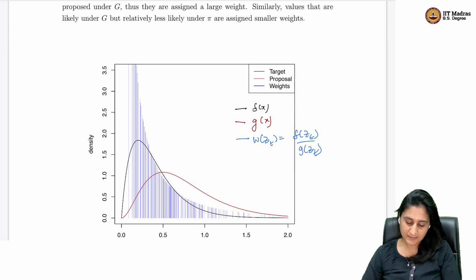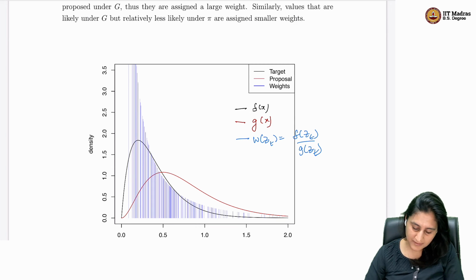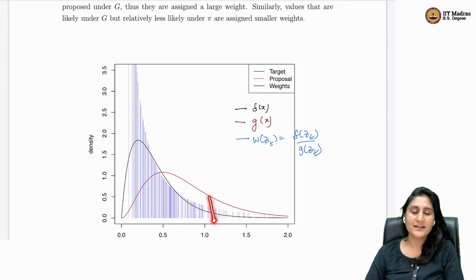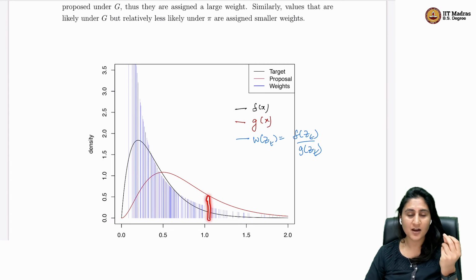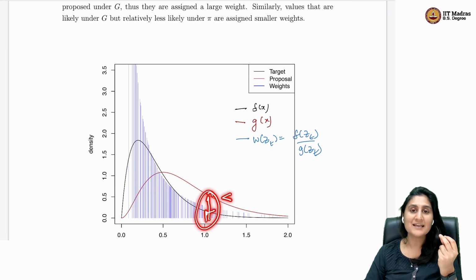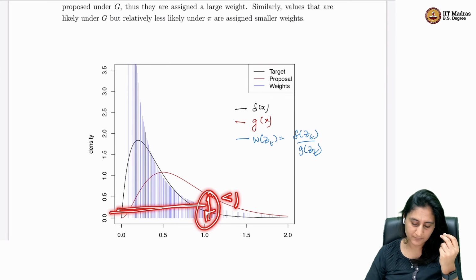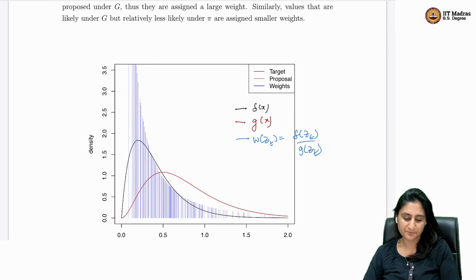So if I look at, let's say, this point over here, my proposal density takes a relatively larger value than my target density. So this ratio is going to be less than 1, and the weight is fairly small at this value, the height of the blue pillar.